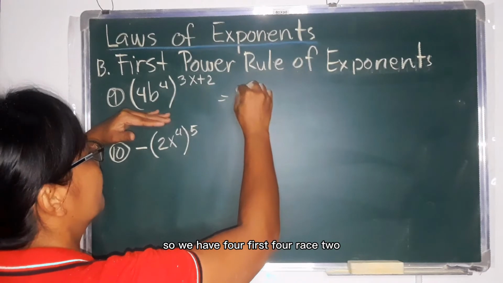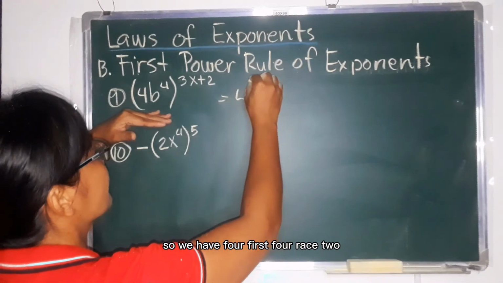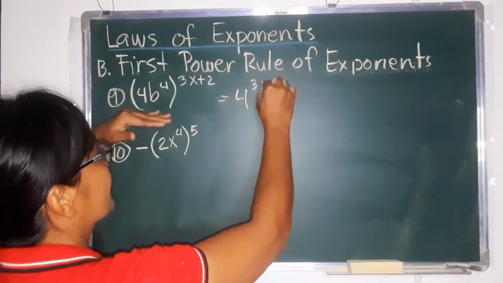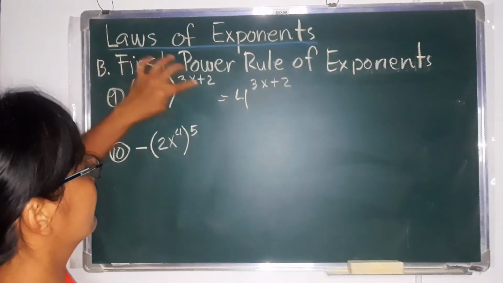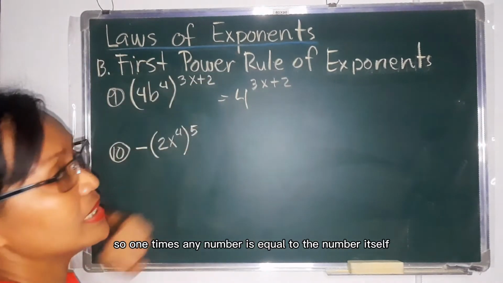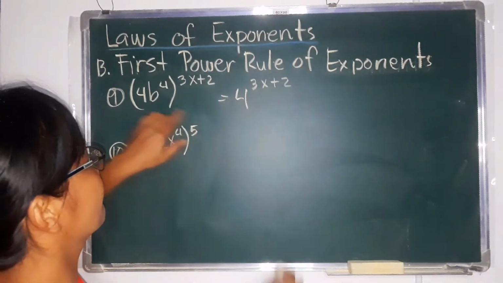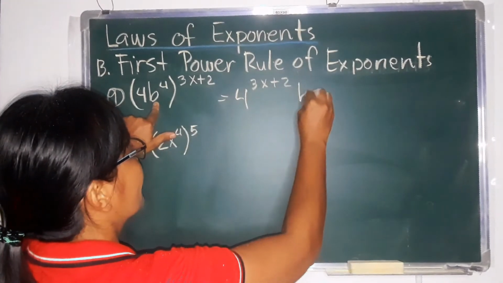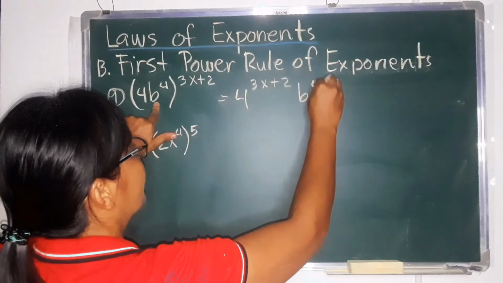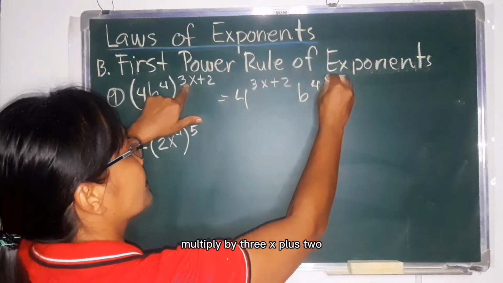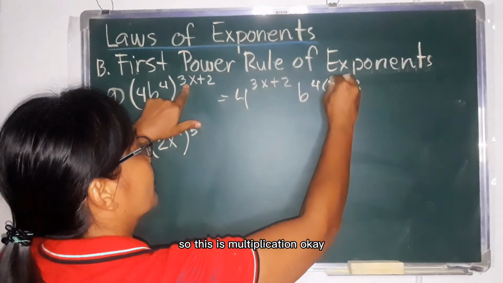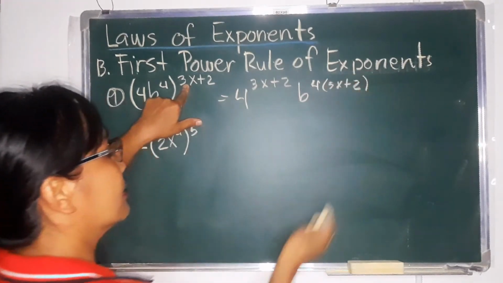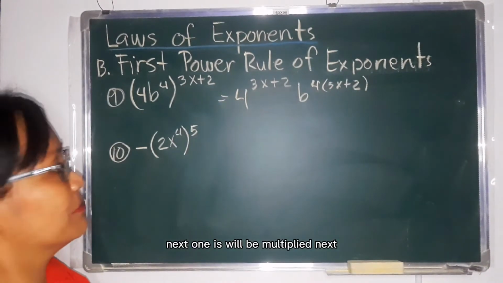So, we have 4 first. 4 raised to 3x plus 2 automatically, since the exponent is 1. So, 1 times any number is equal to the number itself. Next, we have b to the 4th power multiplied by 3x plus 2. So, this is multiplication, okay? The exponents will be multiplied.